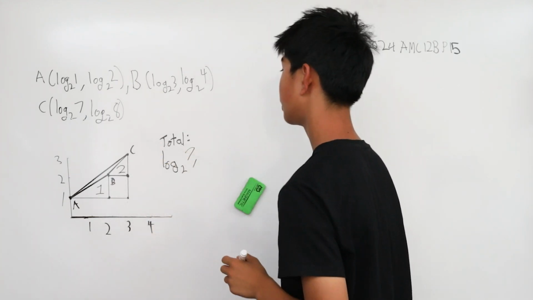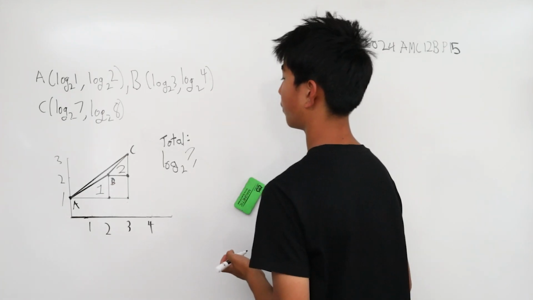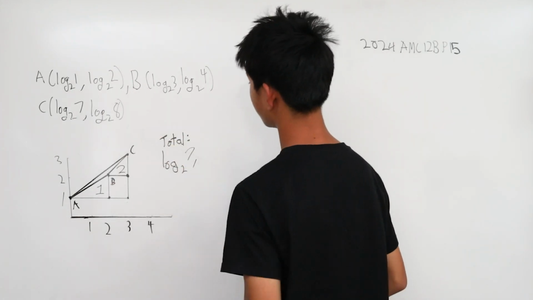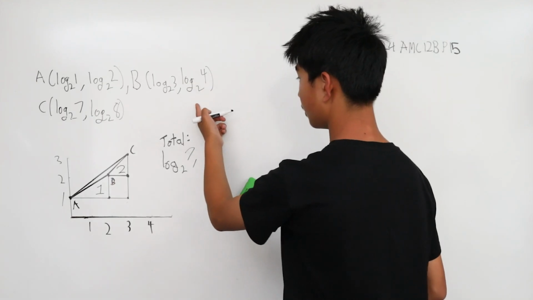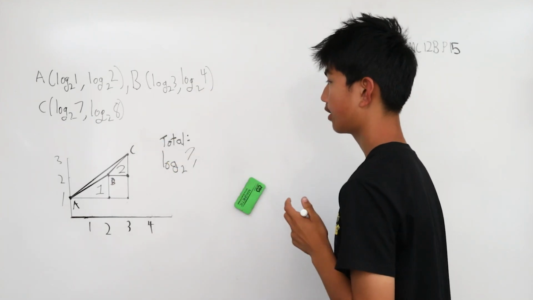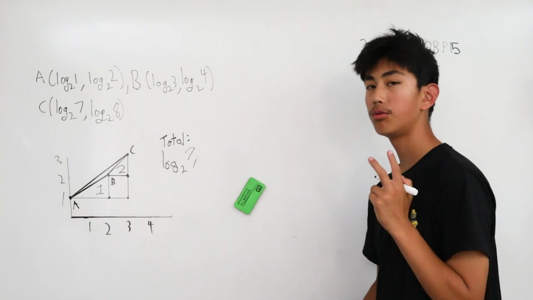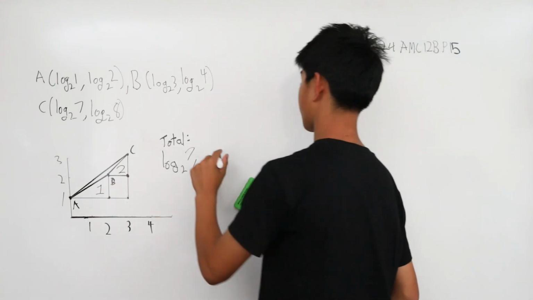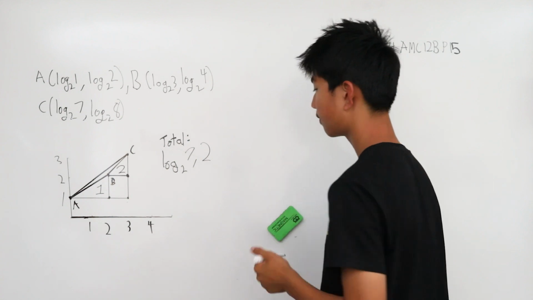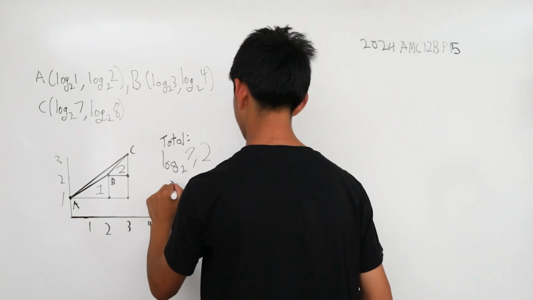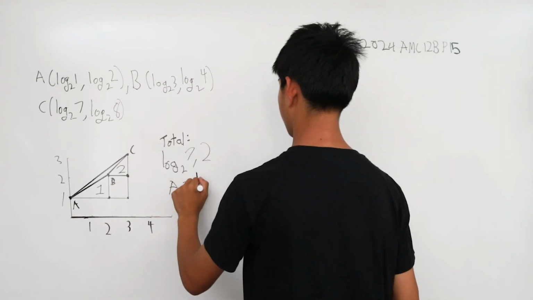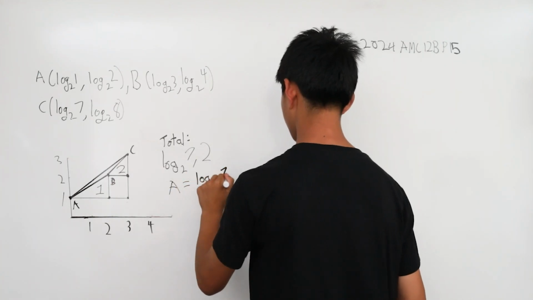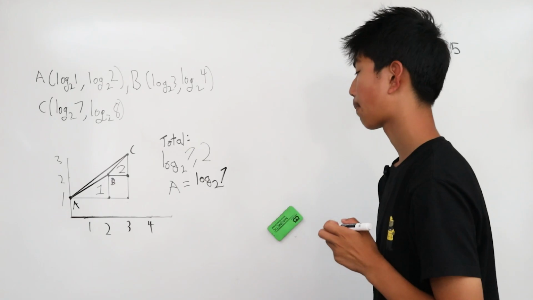For the height, from point A we have log base 2 of 2, which is 1, to log base 2 of 4, which is 2, and log base 2 of 8, which is 3. So the height increases by 1 each time, making the height 2. The area of a triangle is 1/2 times the side lengths, so this would be log base 2 of 7, because 2 divided by 2 is 1.